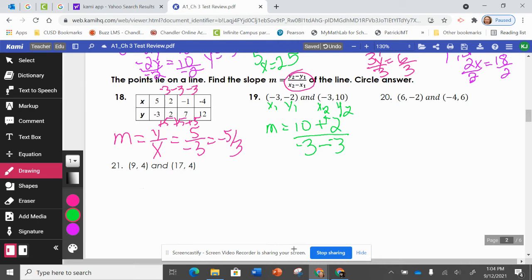Minus negative, add the opposite, becomes adding. 10 plus 2 is 12. Minus negative becomes adding. -3 plus 3 is 0. Well, we cannot have 0 in the denominator of a fraction, so this is undefined, or no slope.